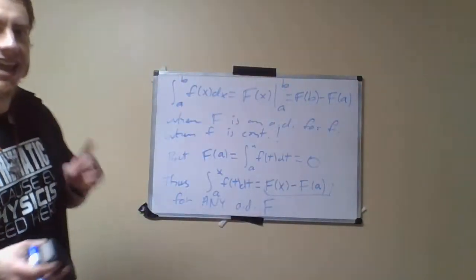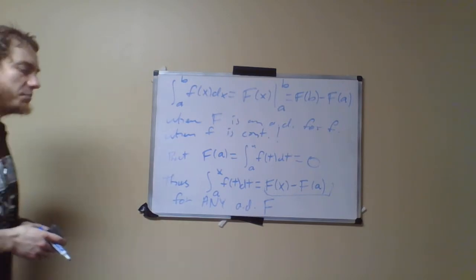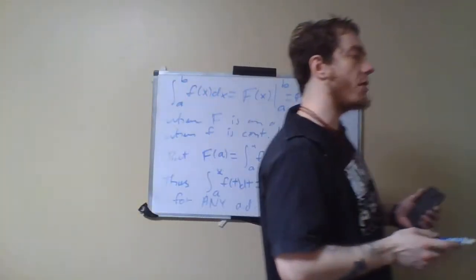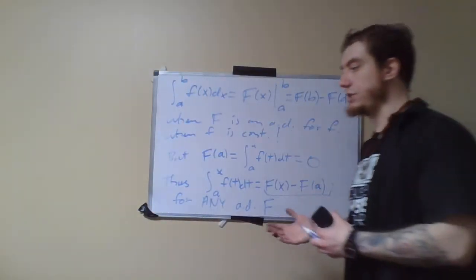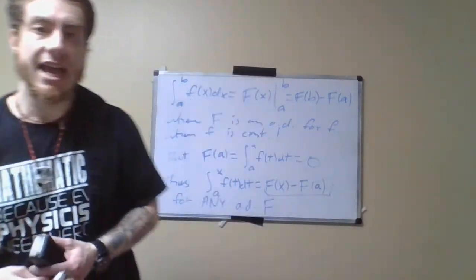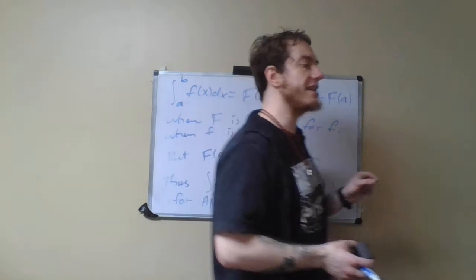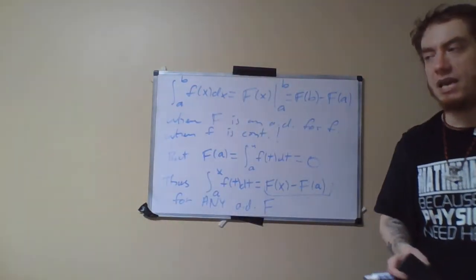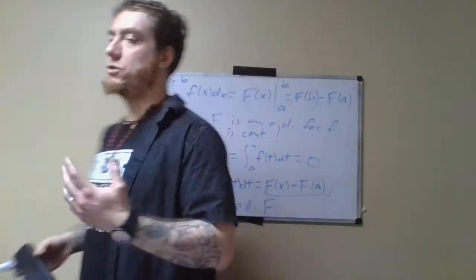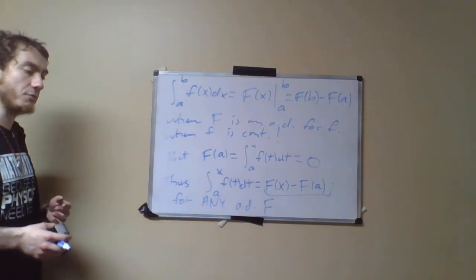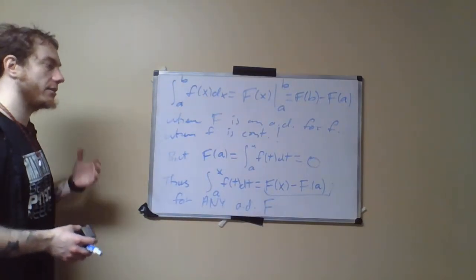Not so much for the antiderivatives. Just because you have a function that can be written out in terms of algebraic operations and exponentials and trig functions and the like does not mean that you can find an antiderivative for it. And that is one of the senses in which finding antiderivatives is automatically going to be harder.